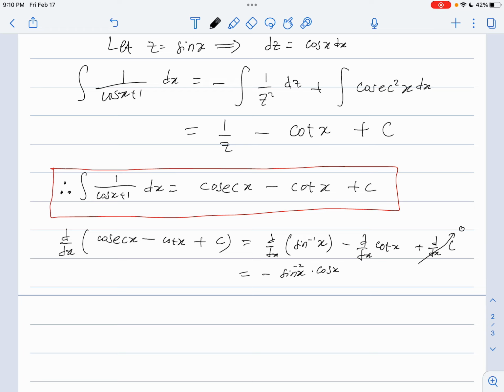And here the derivative of cotangent x is negative cosecant x squared, so we have plus cosecant x squared, which is 1 over sine x squared, or we can just write it down like this. And this 0, so just leave it like that.